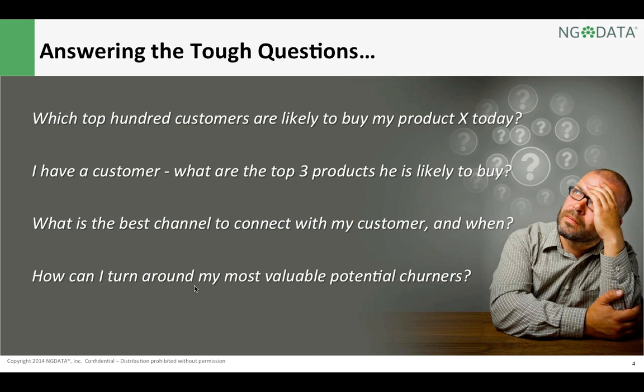What are the top 100 customers who are likely to buy something from me, and when they are likely, what is it that they are actually interested in? And that could be different for each of the different customers, and you want to be ready with that information as soon as they hit your website.